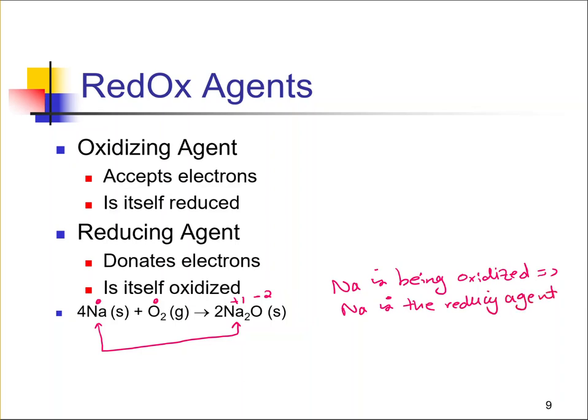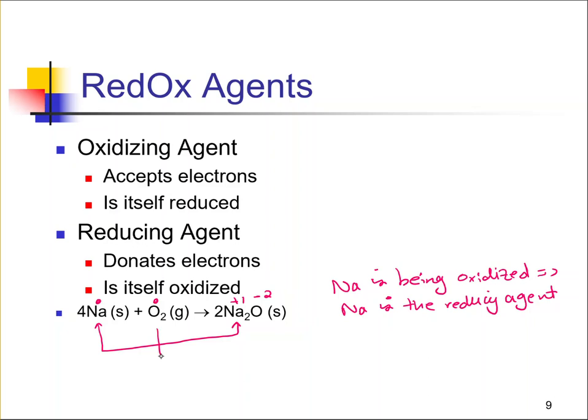What does this mean? It means that the electron that is being released by sodium is going to be gained by oxygen and make oxygen be reduced. So sodium is the reducing agent.